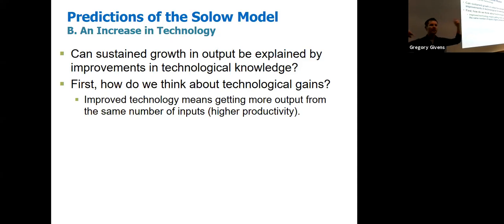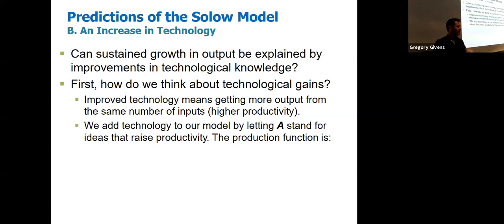If we all somehow get smarter and invent new technologies about the production process, we can produce more goods and services given the same amount of inputs. That's how we think about technology. Well, it turns out we can incorporate that idea directly into the production function.